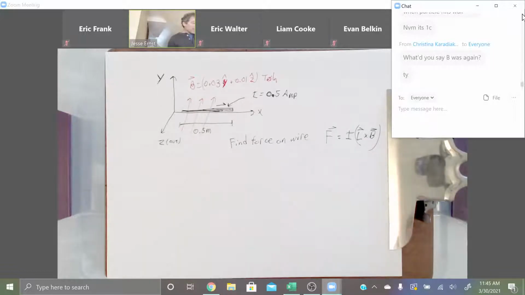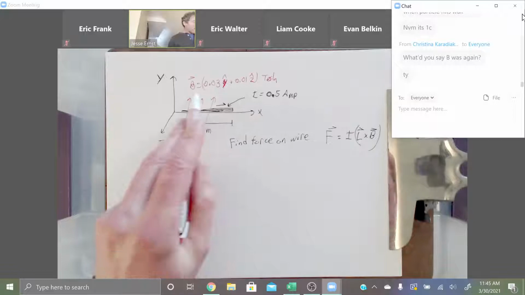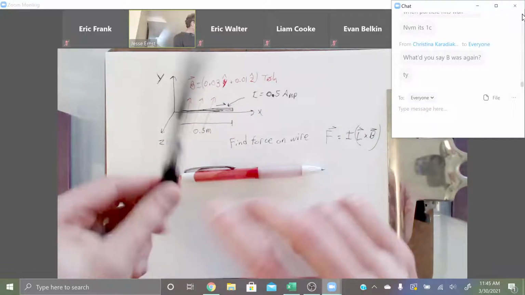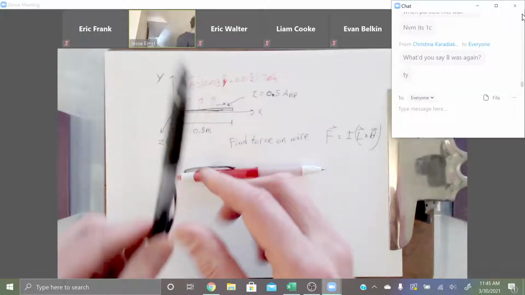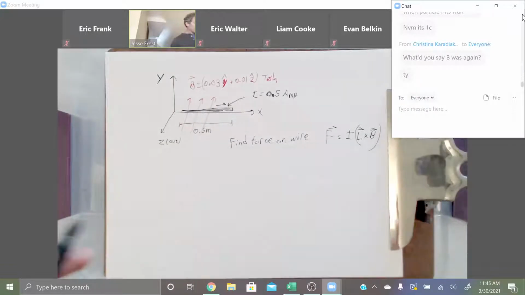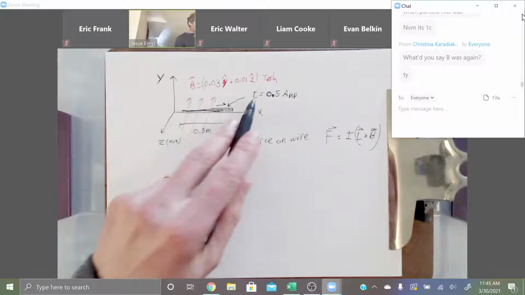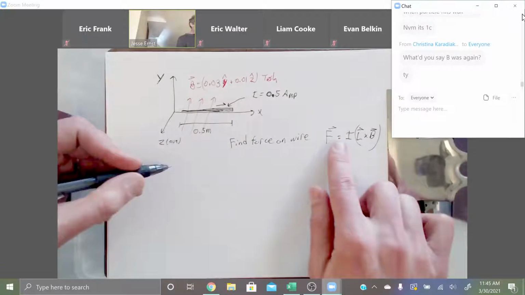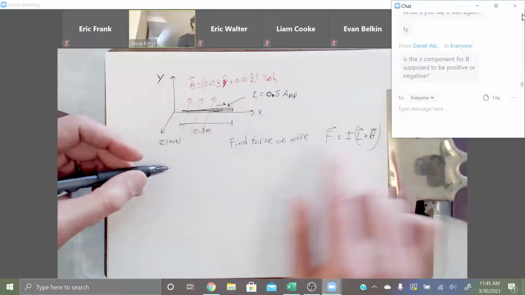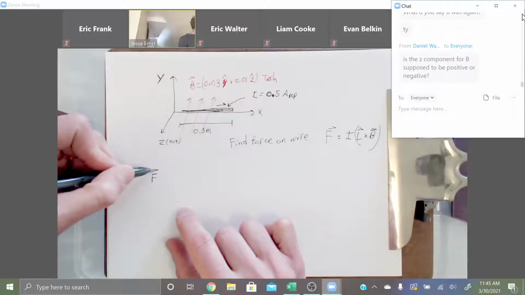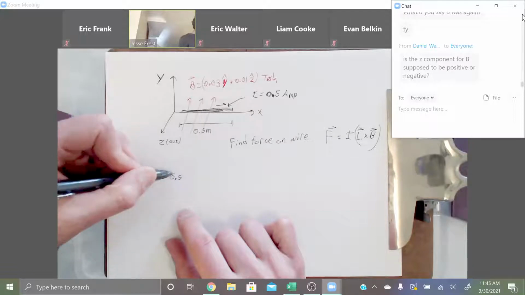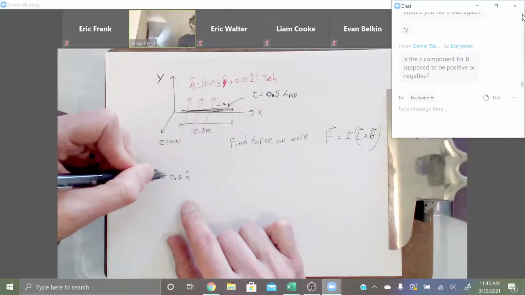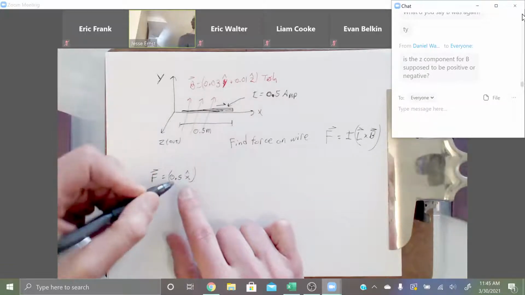In this case I'm not going to try to find some opening angle between this and this, although in this one it actually wouldn't be hard to do, but let's just do it out anyway. So force is I times L vector cross B vector.